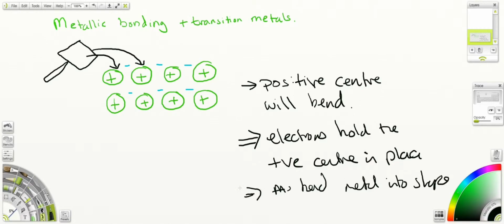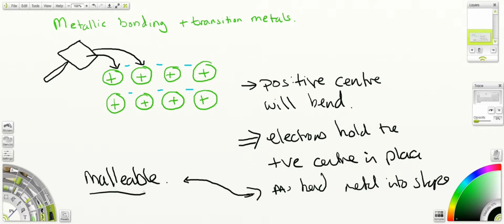This has a special word: metals are malleable. You can hammer them, bend them into shape, and now you know why. The positive centers will move, however the negative electrons will keep them from completely collapsing, from completely breaking, and so we can have metals being bent into shape.